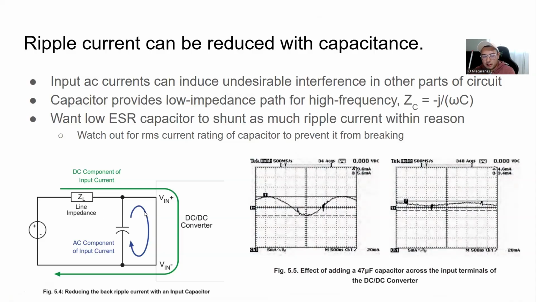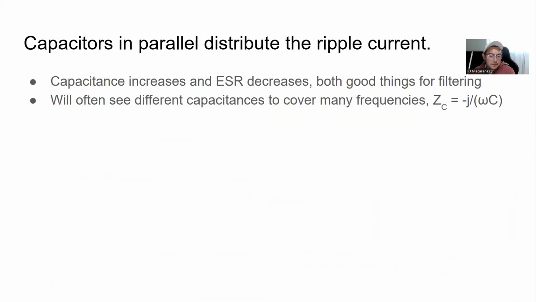If we're looking at output capacitance. So generally speaking, for these filter capacitors, we want a lot of capacitance and we want low ESR.